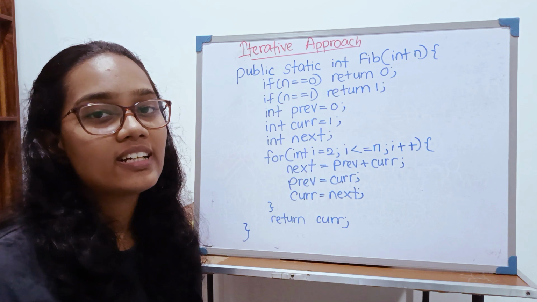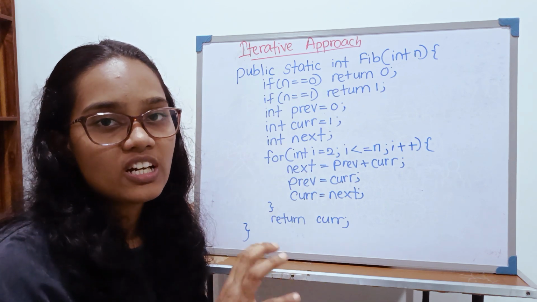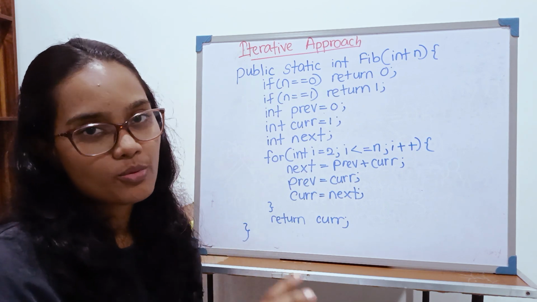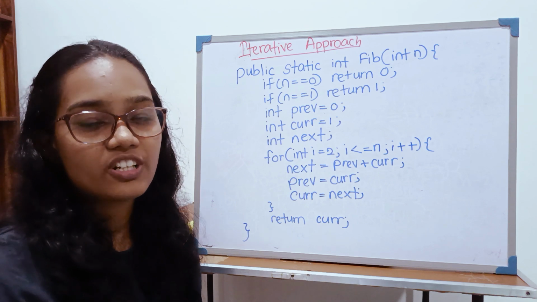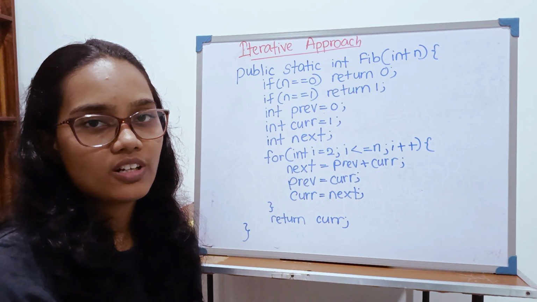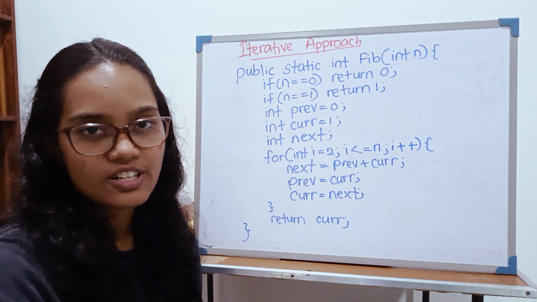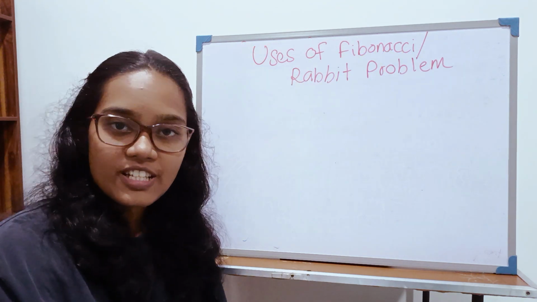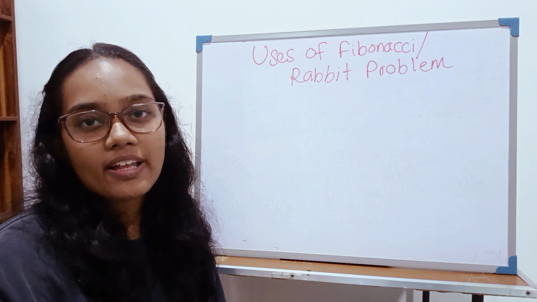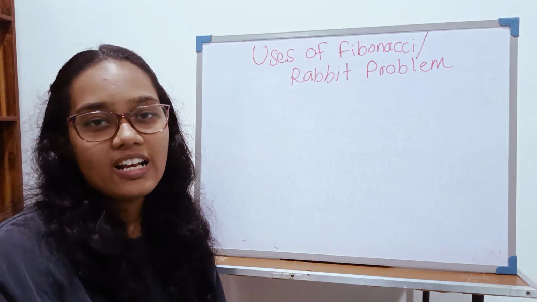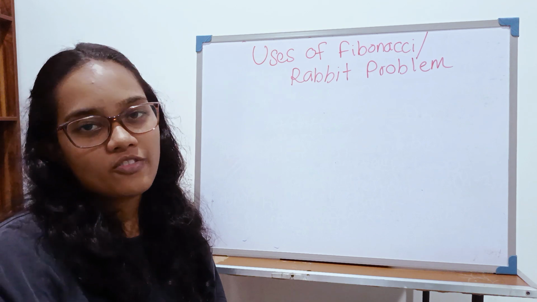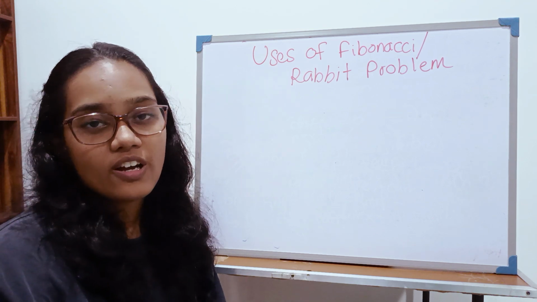But note that the iterative approach doesn't look like the Fibonacci definition, but the recursive approach looks like the Fibonacci definition. Since we know about the rabbit problem and the Fibonacci sequence now, let's look at the uses of the Fibonacci sequence.